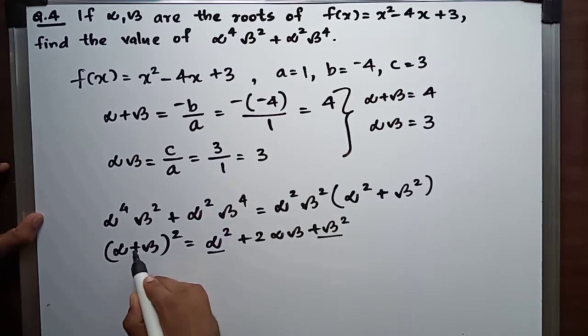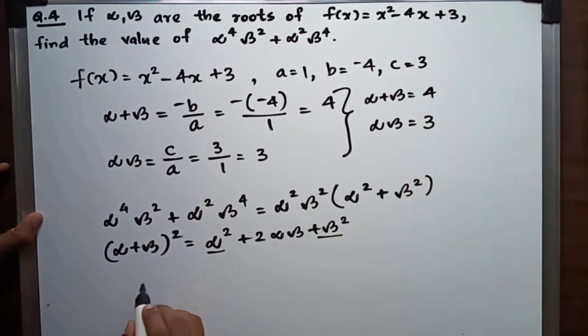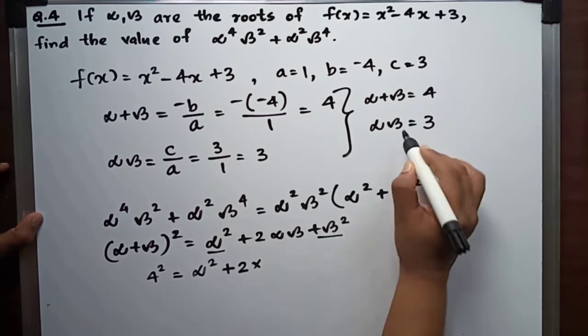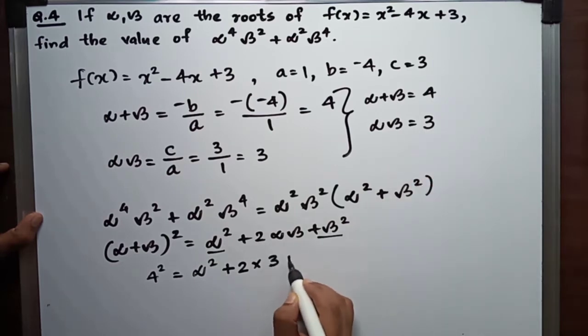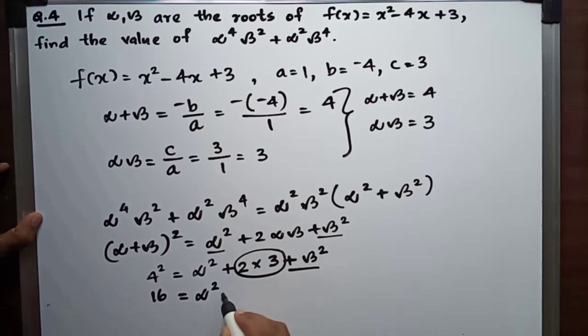I am giving the values here. α + β is 4, so 4² = α² + 2 into αβ, which is 3, so 2 into 3, plus β². 2 into 3 is 6. So 4² is 16, and 16 = α² + β² + 6.